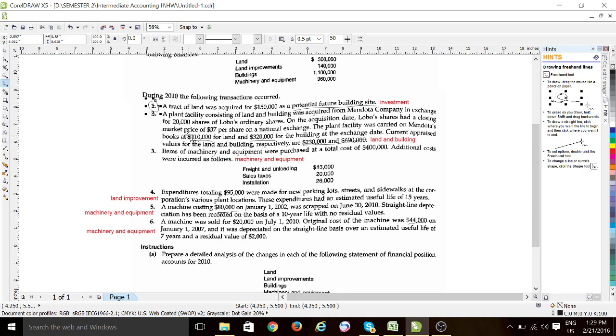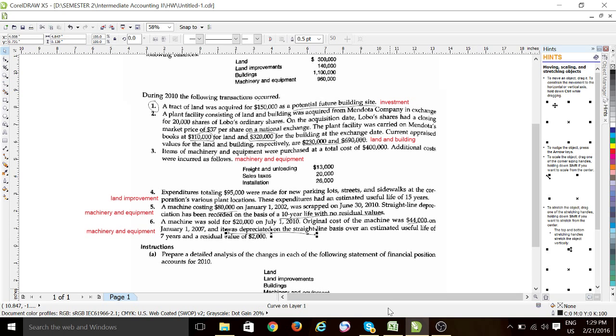And then this value here, and then the depreciation on the machine scrap, as well as the depreciation on the machine which was sold. So let's go for the first transaction again.